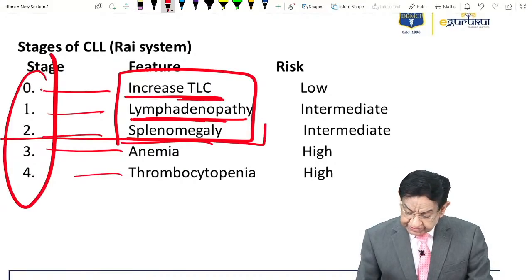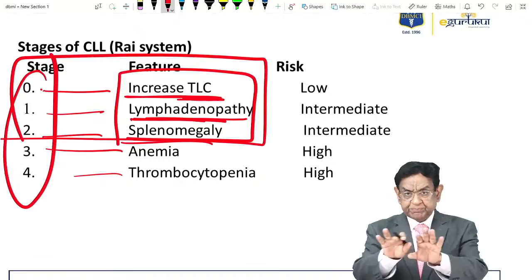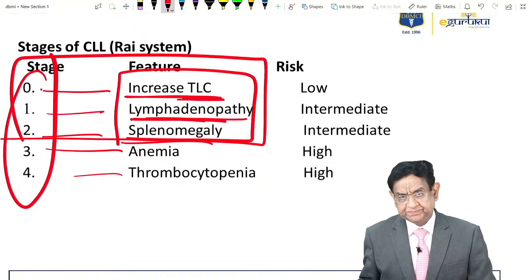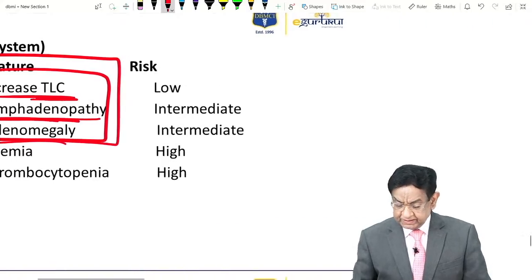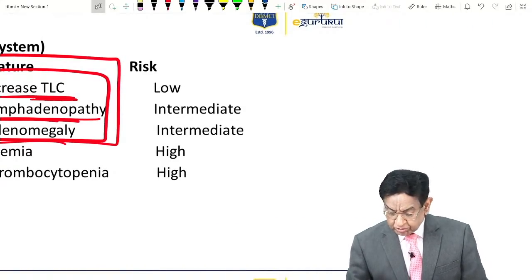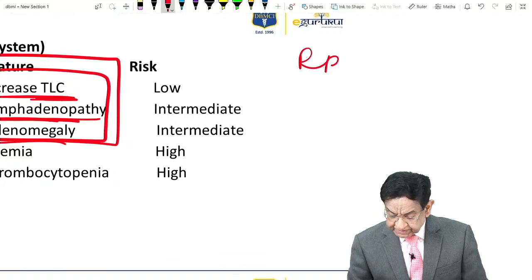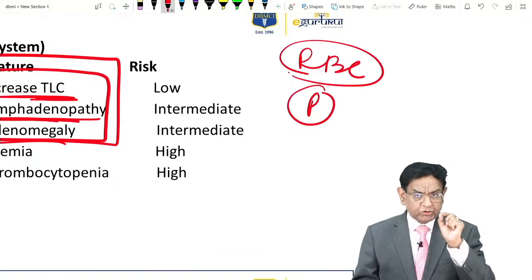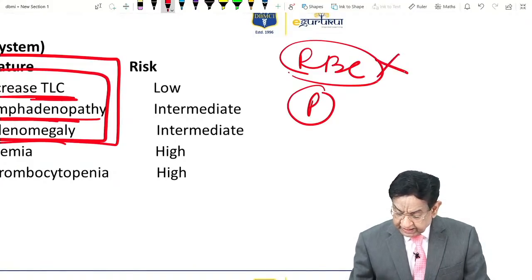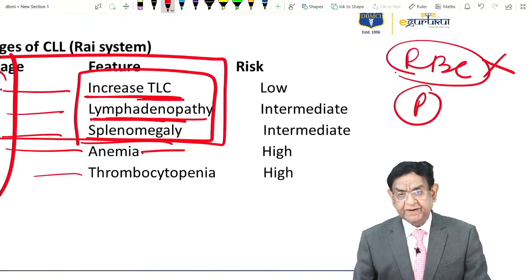So that justified the staging with the clinical finding. These three are part of the disease process as such. But in due course of time, these patients develop autoantibodies against the RBCs and the platelets, P for platelet. Due to that warm autoantibody, they tend to destroy the RBC and lead to anemia.